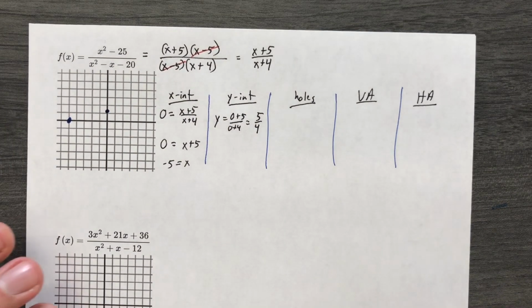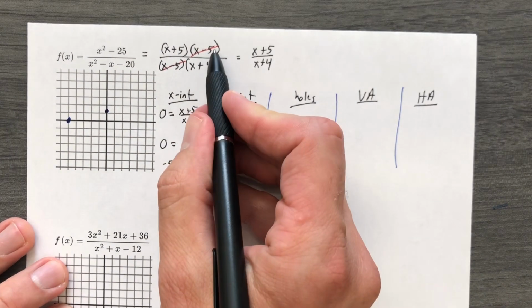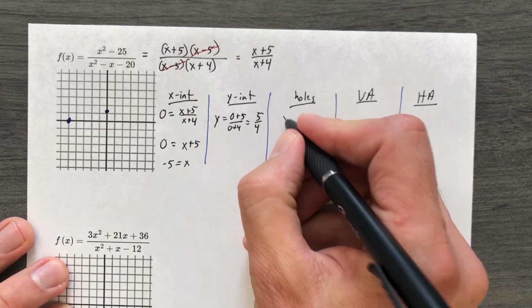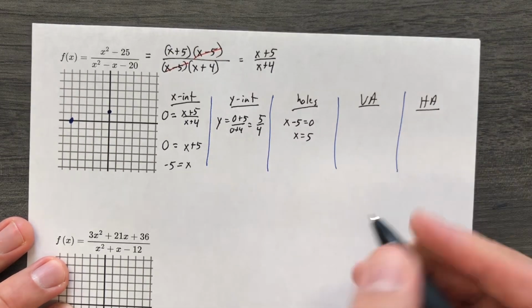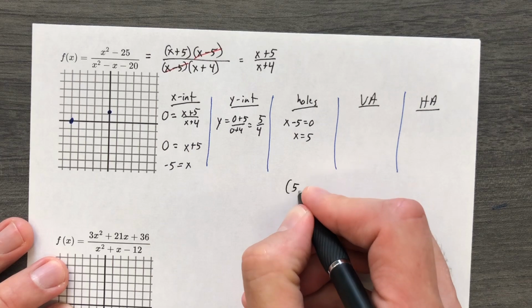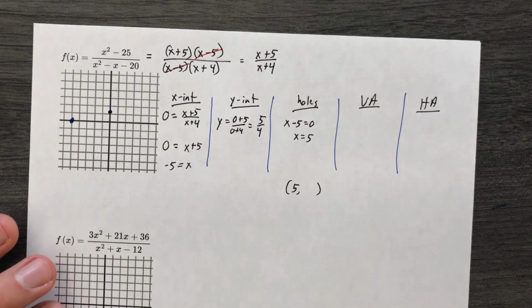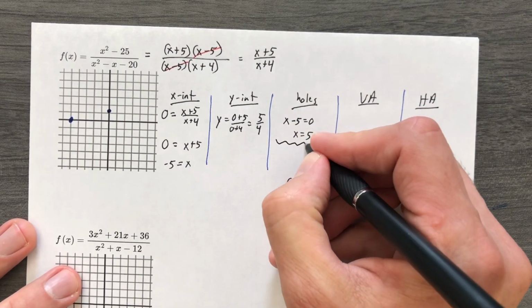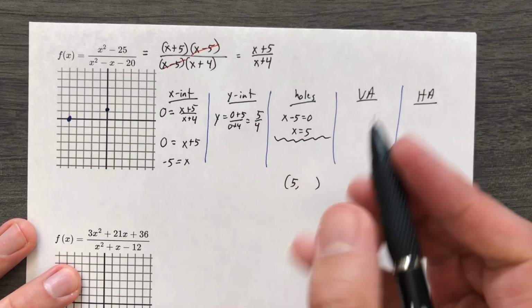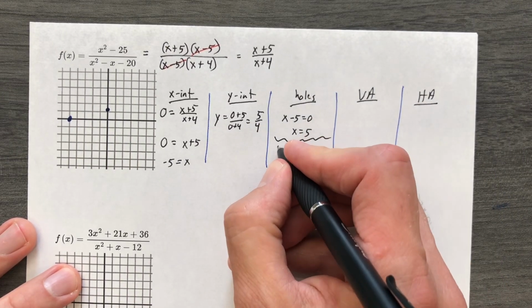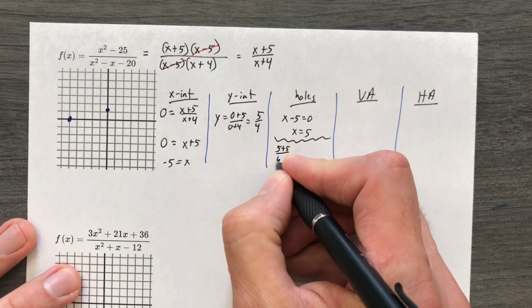All right. Holes in the graph. X plus 5 canceled. So take that x minus 5, set that equal to 0 and solve it. We're going to have 5. 5 comma what? I don't know, but we're about to find out. And that thing we're about to find out is what I get when I take the 5 and plug it into the reduced form. So we're going to have 5 plus 5 over 5 plus 4.